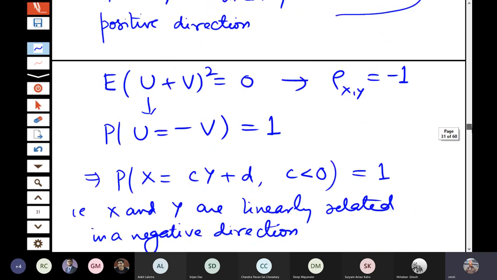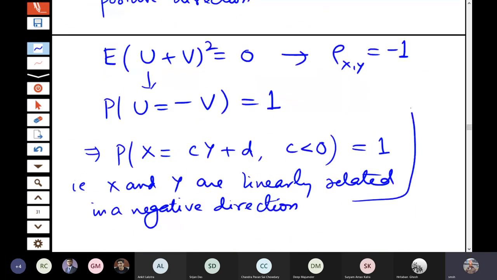Okay, so this gives you a proper interpretation of the coefficient of correlation, because from the extreme values we can make out that this is a measure of linear relationship.